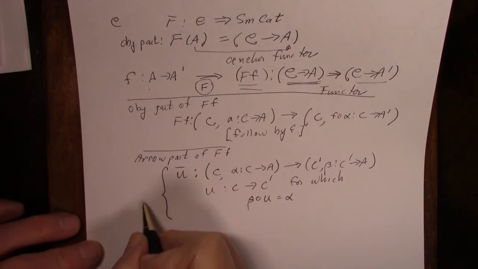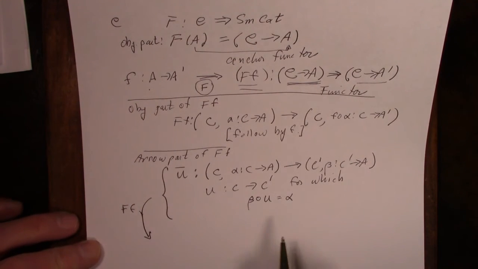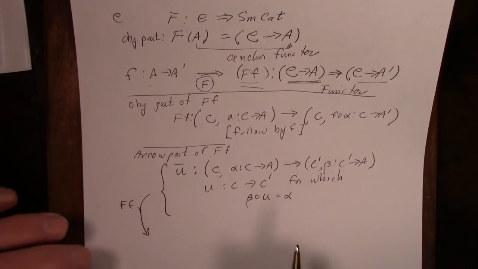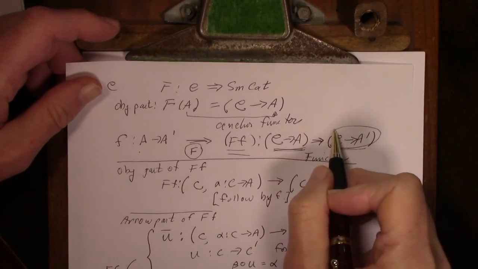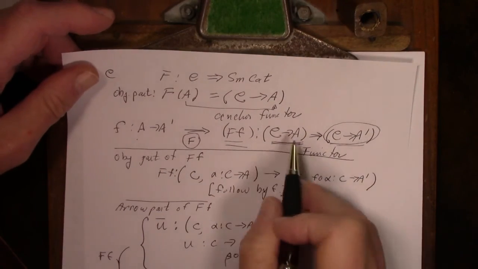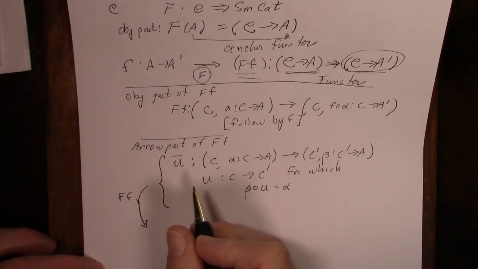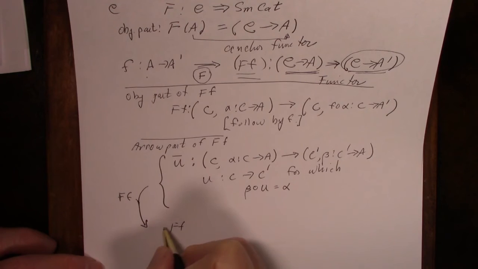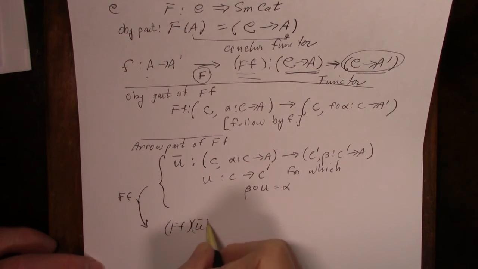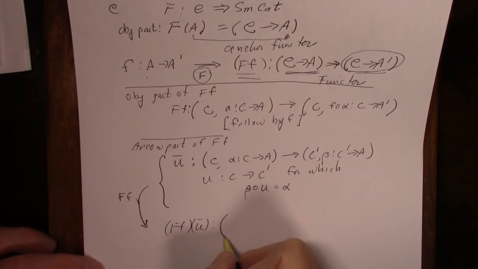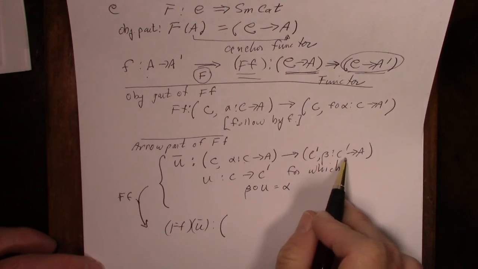So that has to go under FF to a morphism in this category. Same category, but A prime instead of A, a different anchor. So FF of u bar is going to take the image of this object to the image of this object.